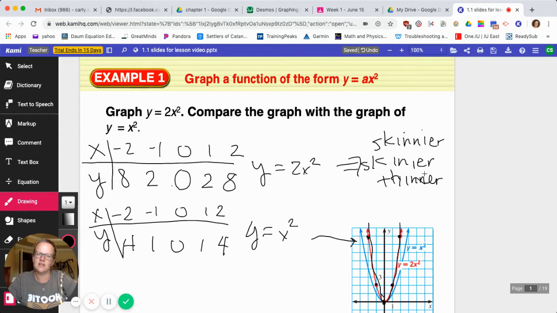Oh gosh, I don't think there's 2 N's. That's awesome. Great speller. So if we compare them, they both open up. They both have the exact same vertex and the same axis of symmetry. So we can write same vertex and same axis of symmetry.